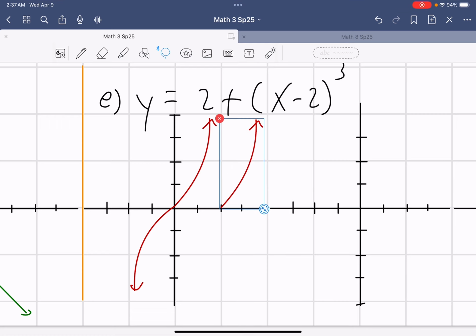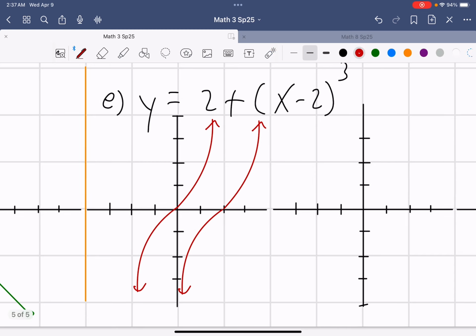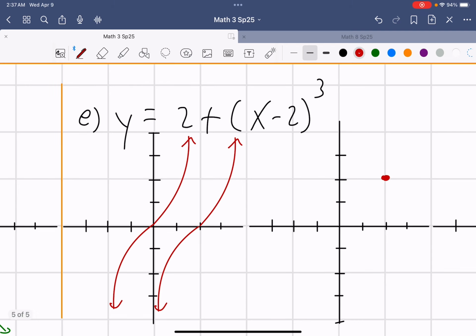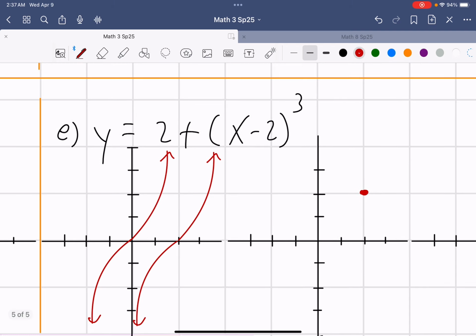So move 2 to the right. So that just moved it to the right, and then we have to move it up by 2. So that's going to be 1, 2, right here. Just goes up by 2, and the graph is going to look like this.